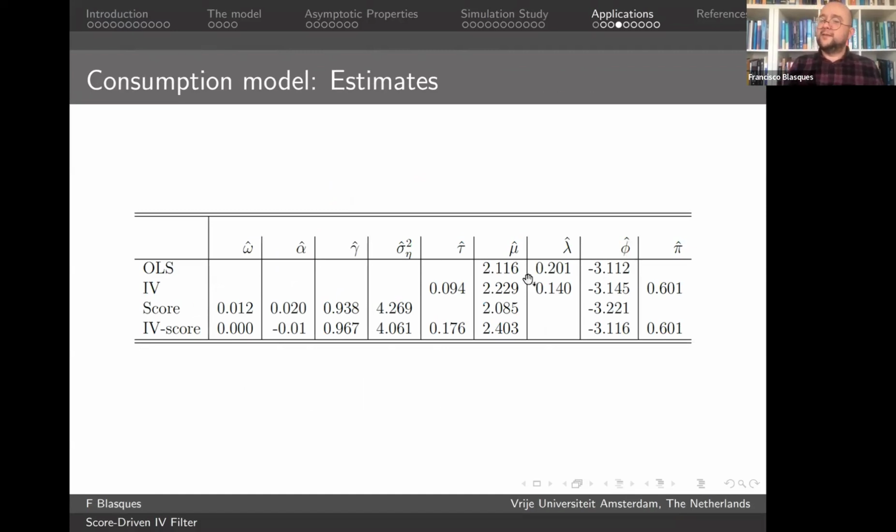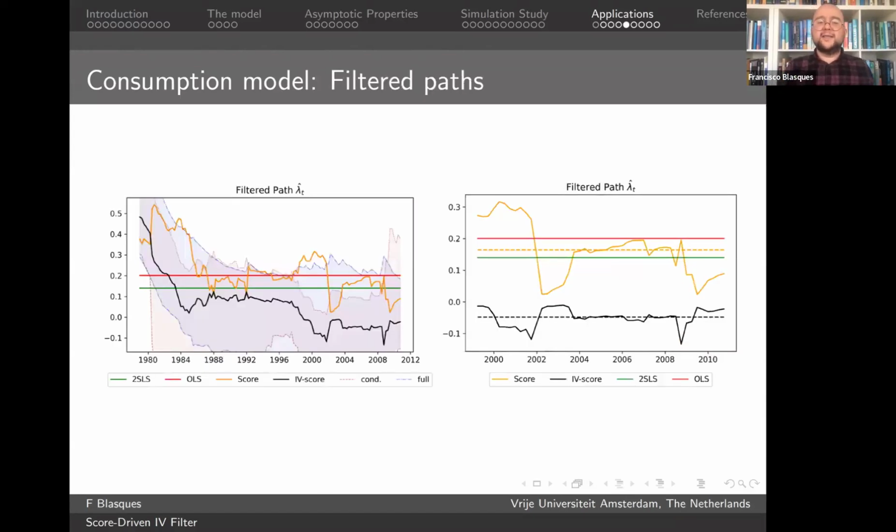This is the OLS regression estimate, the IV regression estimate, which already lowers the estimate of the lambda parameter, and these are the estimates of the score model and our IV score model. And I think what is interesting is to arrive here at this graph.